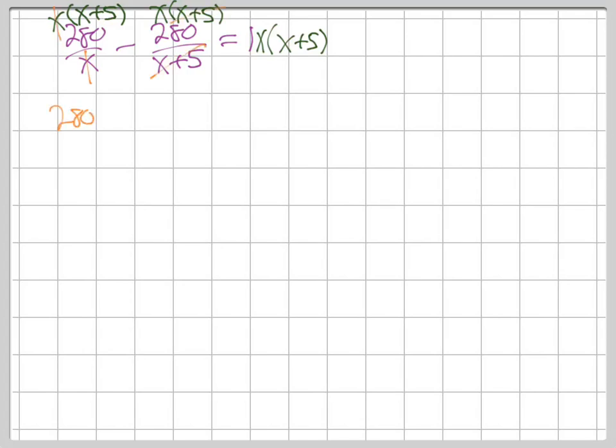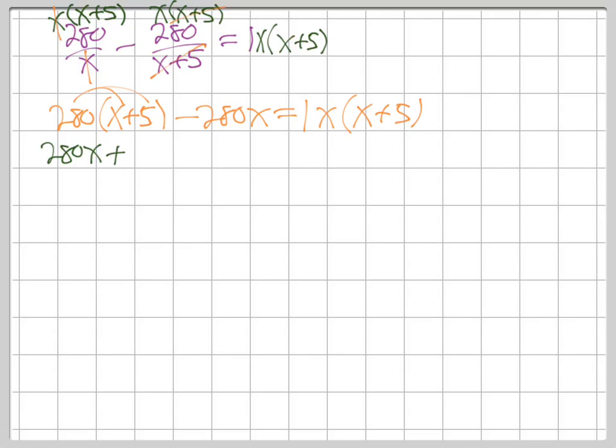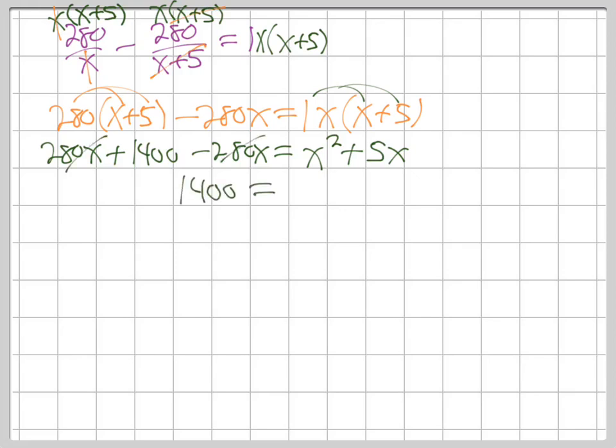So we get 280 times x plus 5 minus 280x equals 1x times x plus 5, distribute. 280x plus whatever 280 times 5 is, 1400, minus 280x equals, distribute, x squared plus 5x. These cancel. So I've got 1400 is x squared plus 5x.